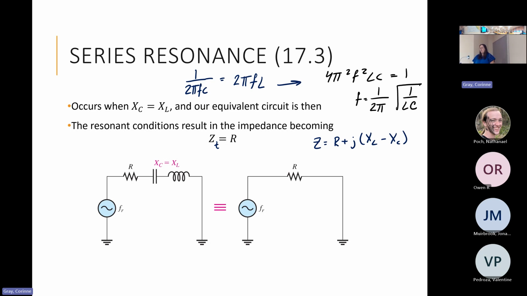It has its own special little name, and I always mix it up with the other one. It is related to what is referred to as resonant radian frequency, which we'll talk about here in a little bit. Any questions about series resonance so far?